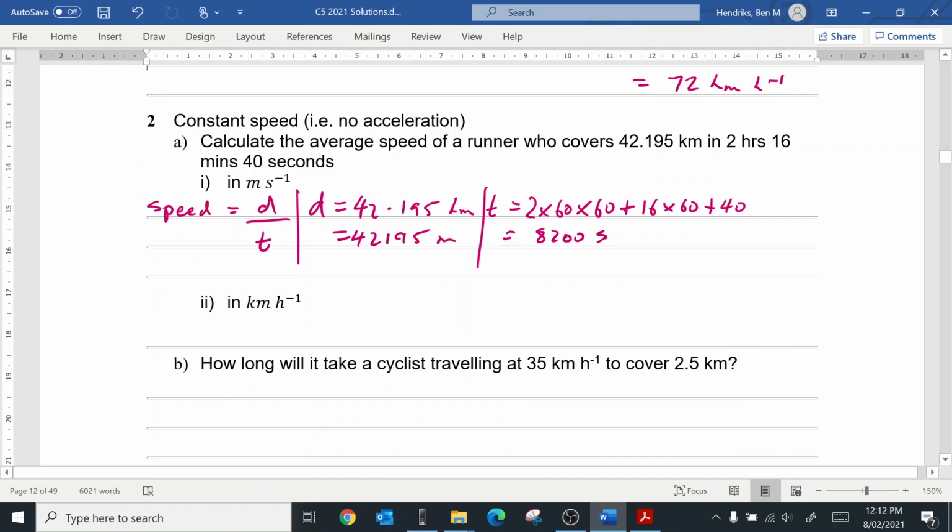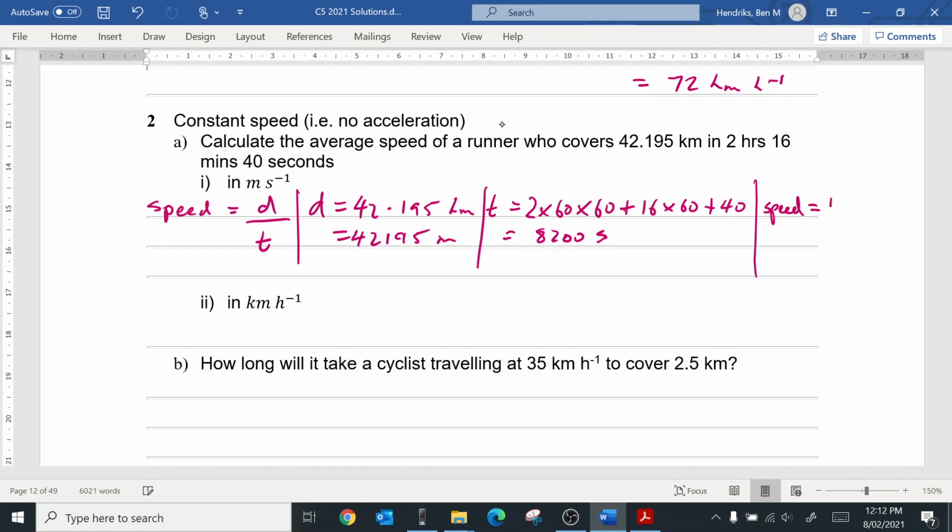Finally, we need to calculate the speed in meters per second. Speed equals 42,195 meters divided by 8,200 seconds.